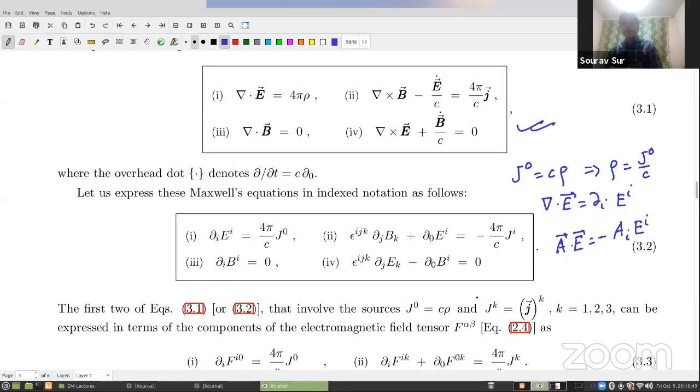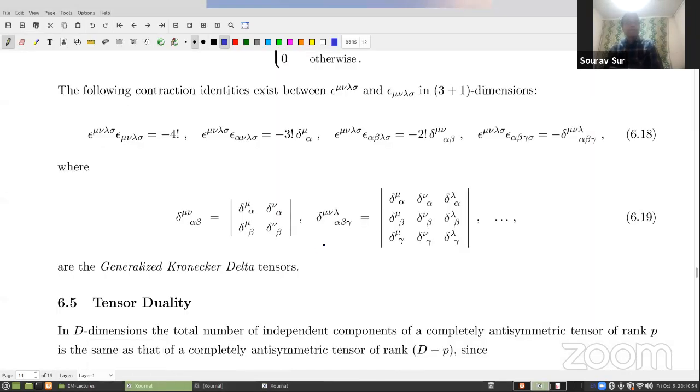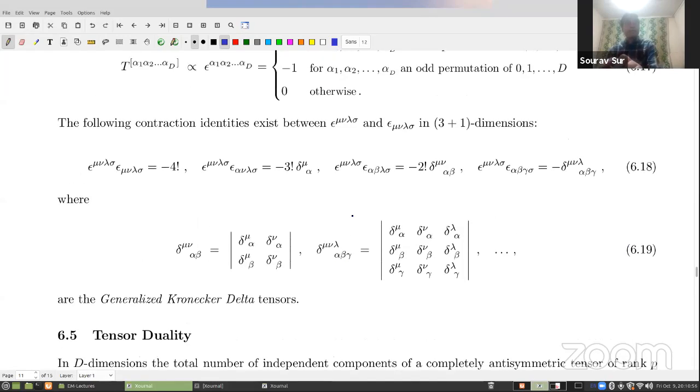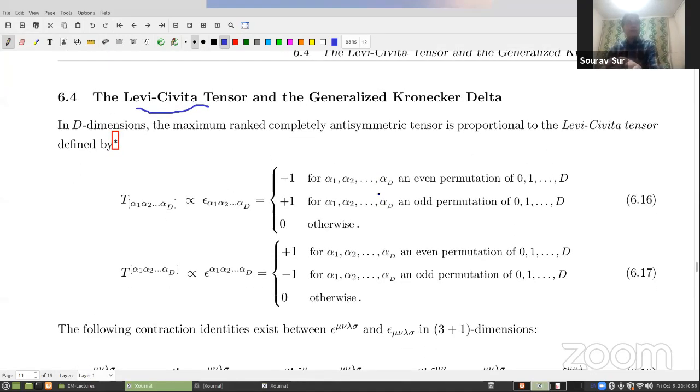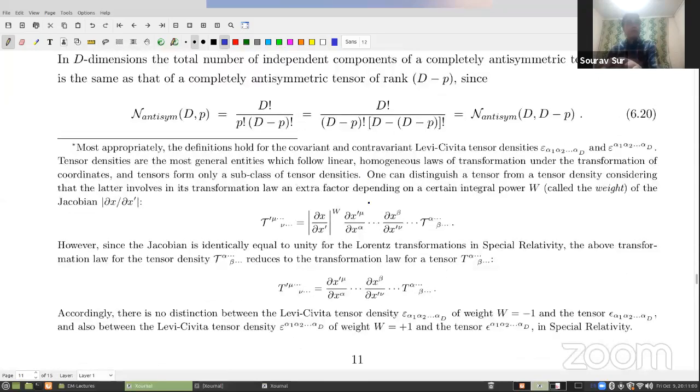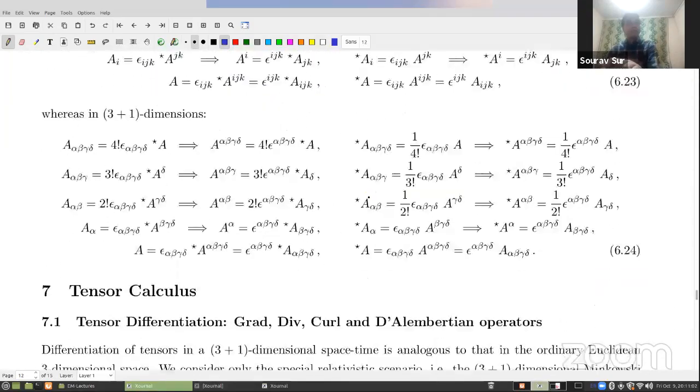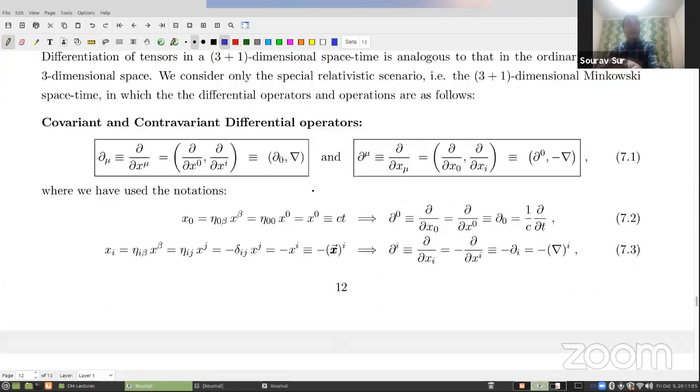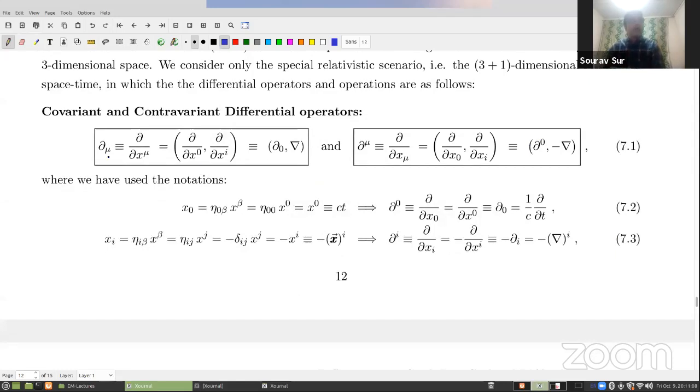The reason is simple. Let's get back to this. You have to go through these details, especially in tensor calculus. The covariant derivative, the 0 component, is del 0 and nabla. The contravariant one is del 0 and minus nabla.